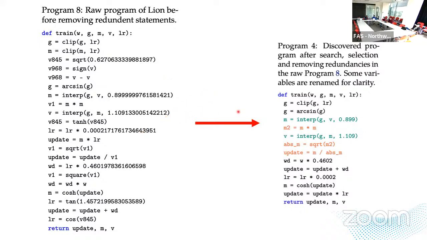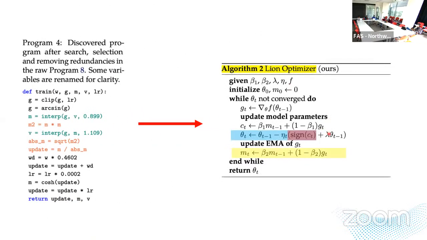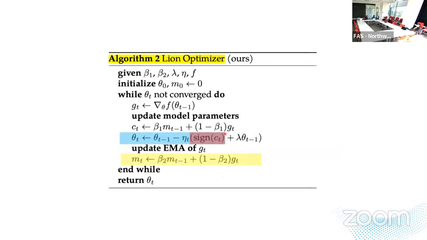After cleaning this optimizer and writing it as pseudocode, what we essentially have is the first moment of the gradient.